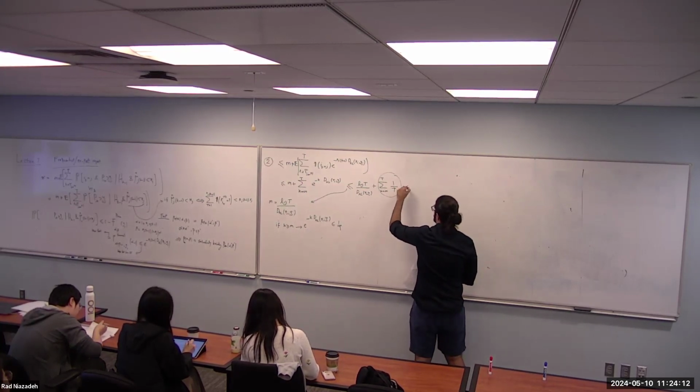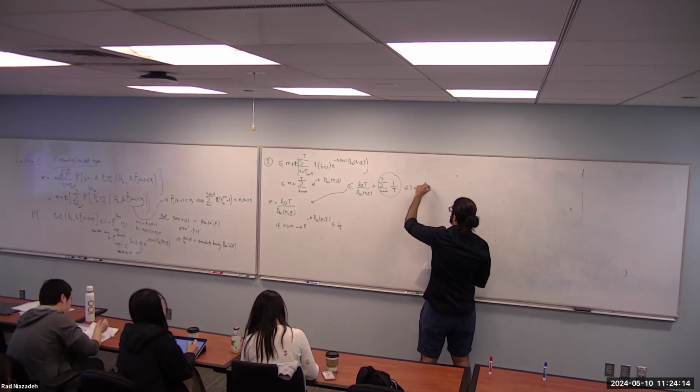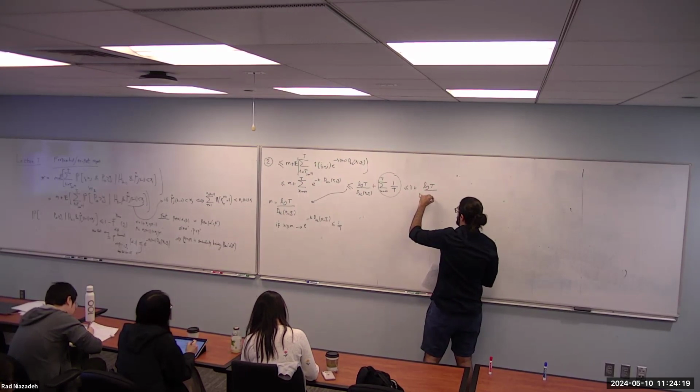So it's at most 1 plus log T divided by the KL divergence of x_j and y_j.